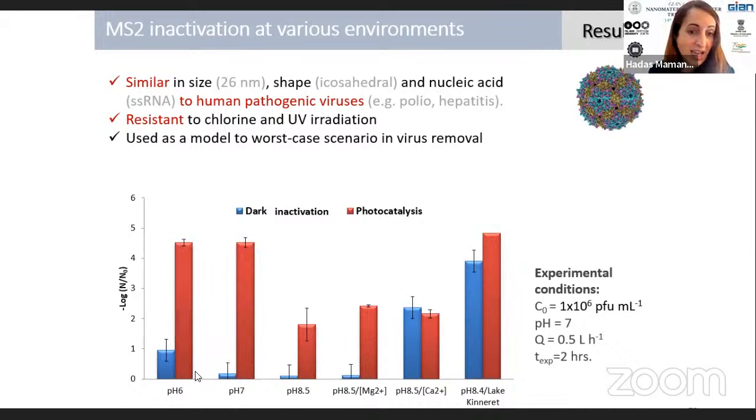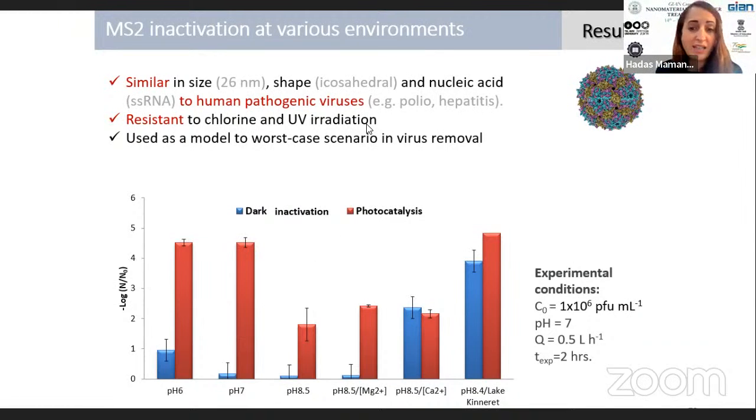Because when we just modified the pH, the photocatalyst worked really well. We almost did not have any dark sorption. When we added magnesium, we also did not have almost any dark sorption. When we added calcium to the pH 8.5 solution, all the viruses disappeared in the dark, and the same with the surface water.